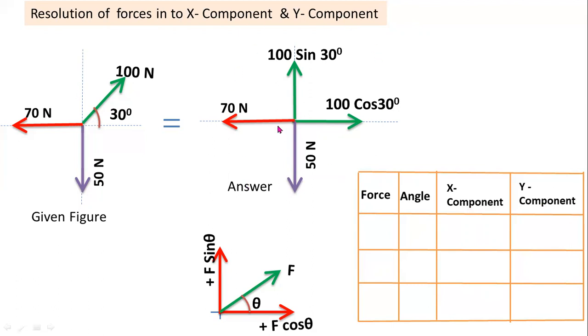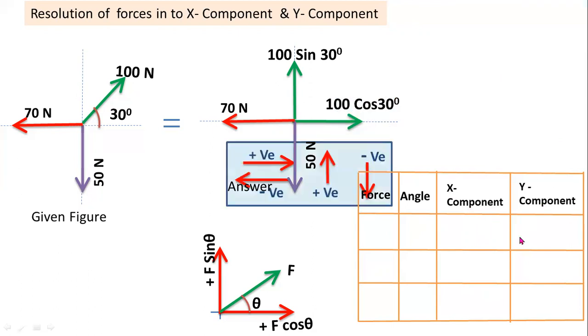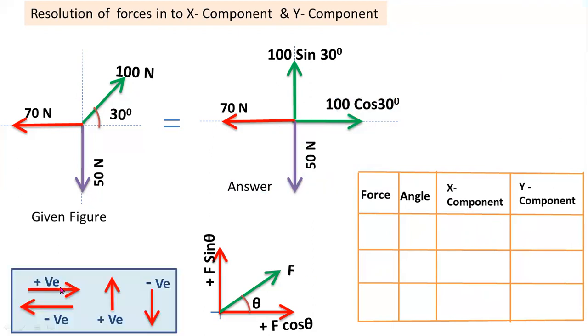From this diagram, you have to add horizontal forces like this. You have to consider positive sign for right side direction and negative sign for left side direction. For upward direction, you have to consider positive sign, and for downward direction, negative sign.